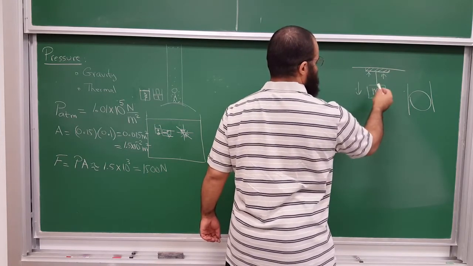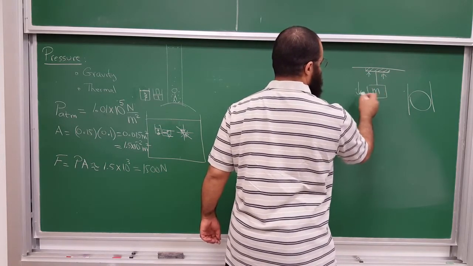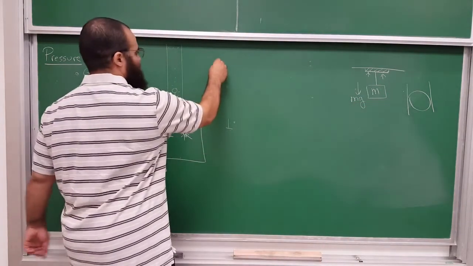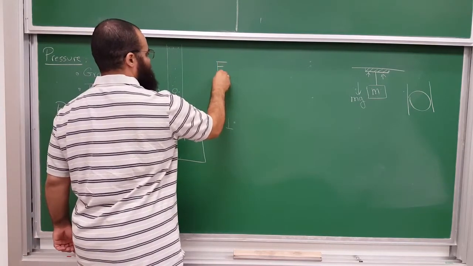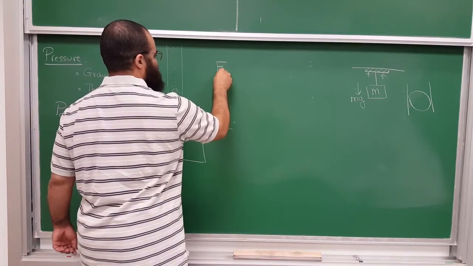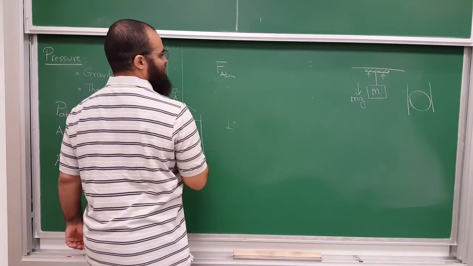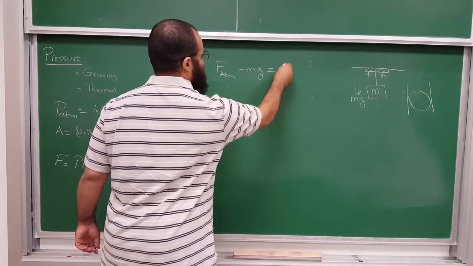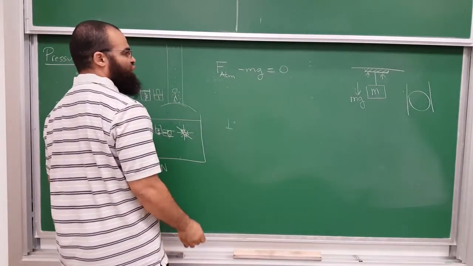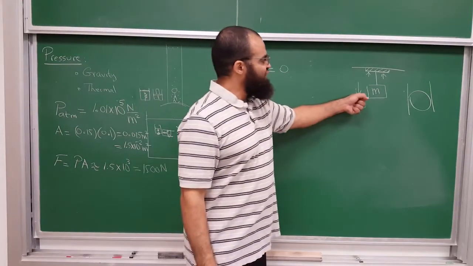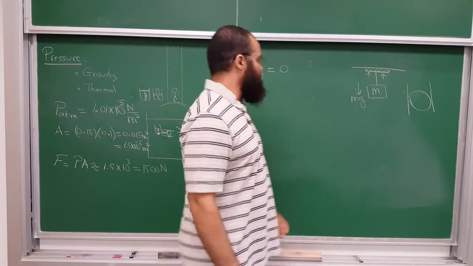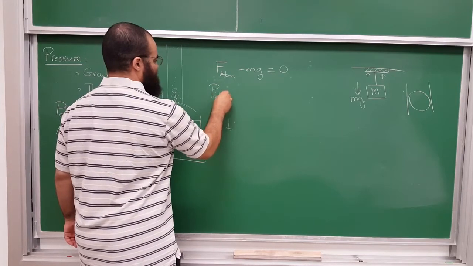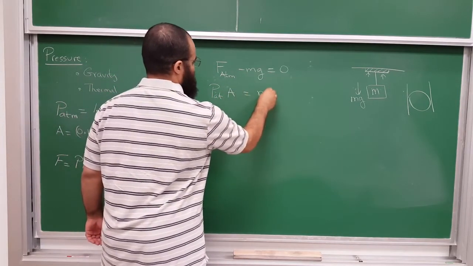The suction cup basically doesn't have much mass, so it's only this, the mg. So there is the force from the atmospheric pressure minus mg, and if it's hanging in there, that would be 0. I want to know how much mass I can hang before it falls down. The force from the atmospheric pressure, the atmospheric pressure times the area, is equal to mg.